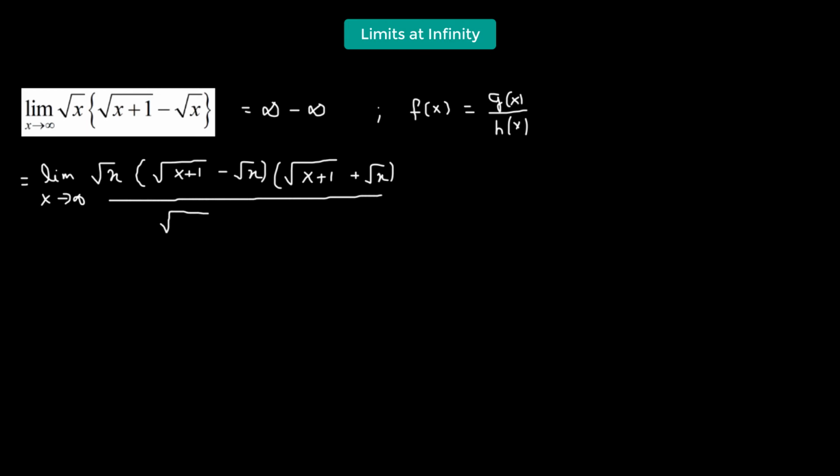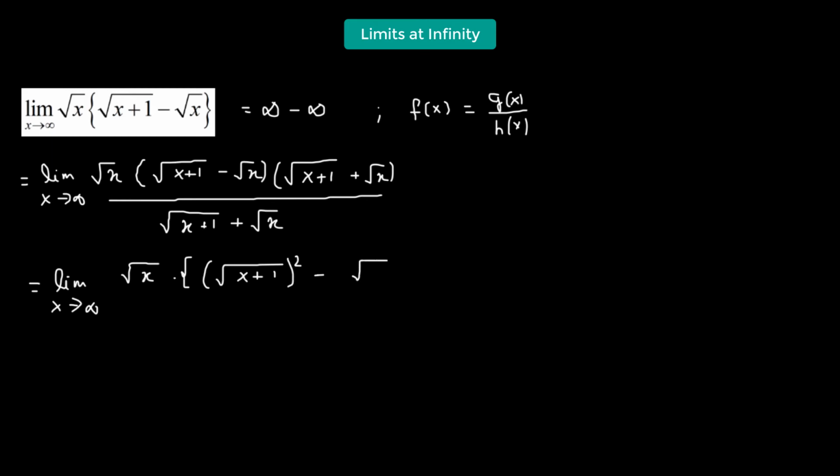So we have the square root of x plus 1 plus the square root of x in the denominator. That gives us limit x going to infinity, with the square root of x in the numerator. Now the square root of x plus 1 minus the square root of x multiplied by the square root of x plus 1 plus the square root of x has the form a minus b times a plus b, which can be rewritten as the square of the square root.